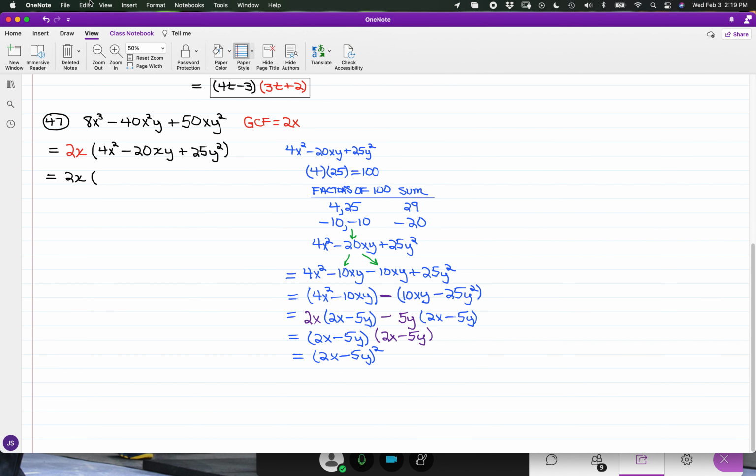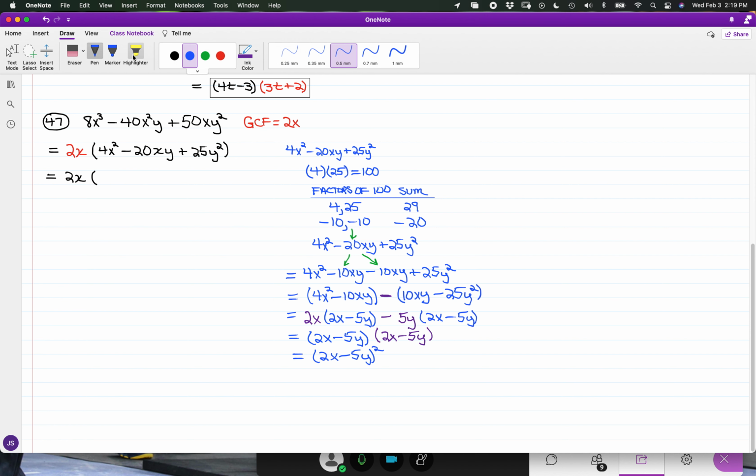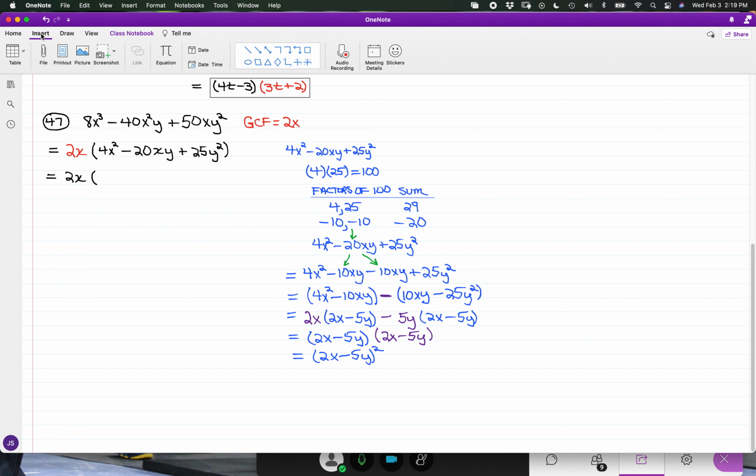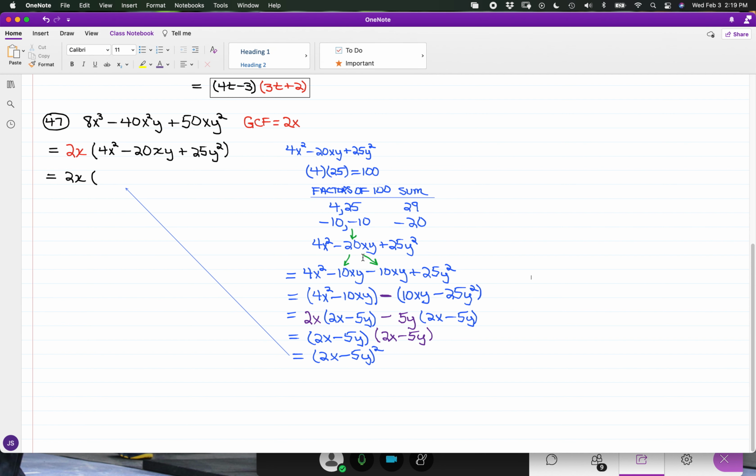Going back to the original problem, we worked quite a bit with the trinomial. It's easy to get kind of lost in the forest, especially with all the stuff to go through in this section.